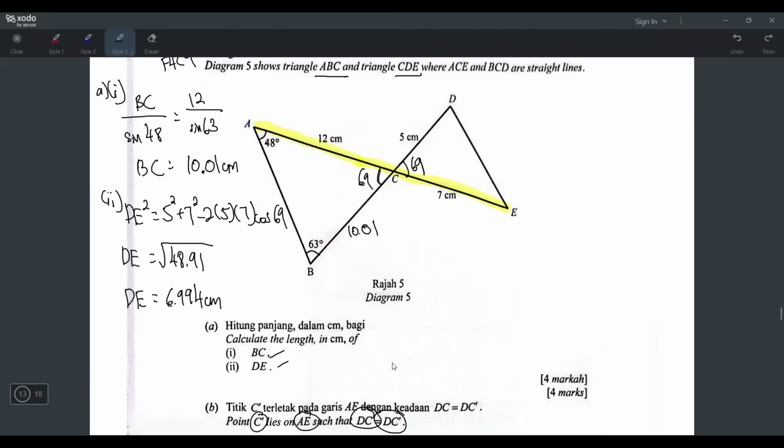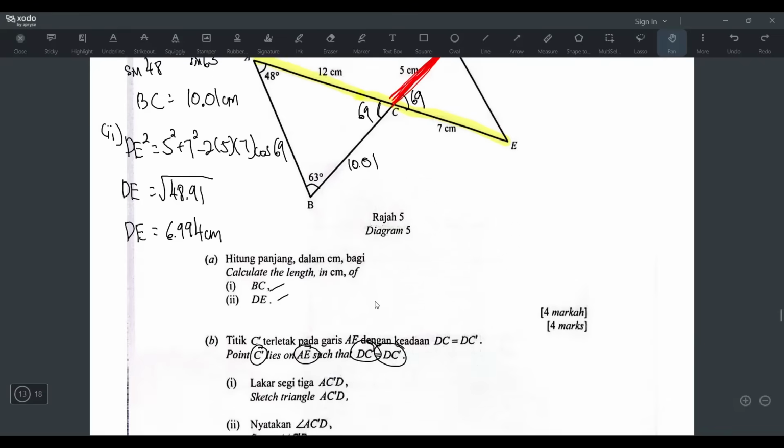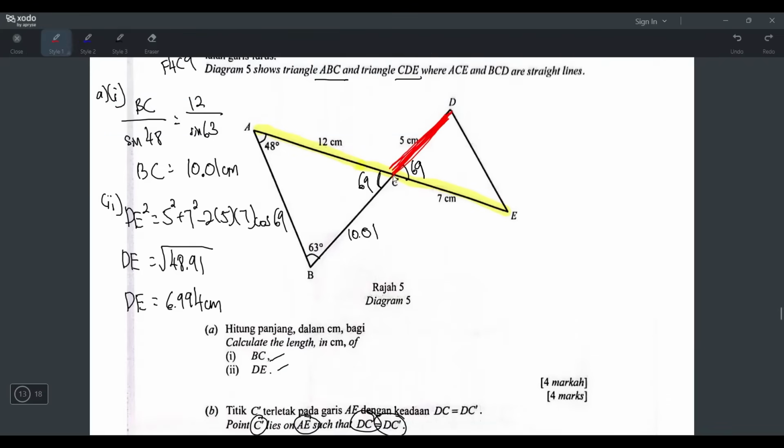Such that DC is DC prime. There's a condition here: the DC line and the DC prime line should be the same length, which is 5 cm. Now they say number one, sketch the triangle AC prime D. So is it possible for my C to move to the left? The answer is no. Because when I move to the left, imagine you want to make the DC line stay the same, it's not possible.